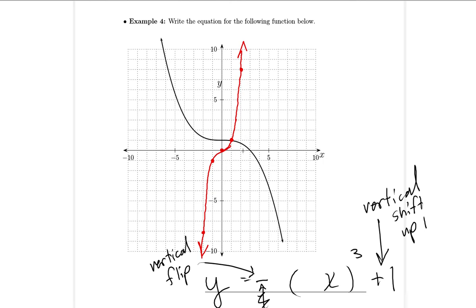So normally if I go over 2, I go up 8. Well, if I go over 2, I go up some amount, but I can't really see what that is. Over 2, I can't really see how much that is exactly. So what's happening here is that we are trying to understand this from a vertical stretch or shrink perspective, and there aren't any clear points for me to really grab onto at this moment.